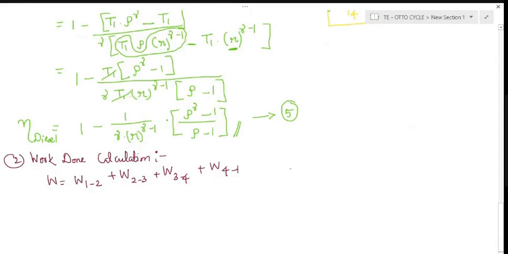We already know that work done on the system and work done by the system use different symbols. On the system means some amount of power we need to supply externally, so we use a negative sign. By the system means some amount of power is generated by the system, so you can use a positive sign. Okay.